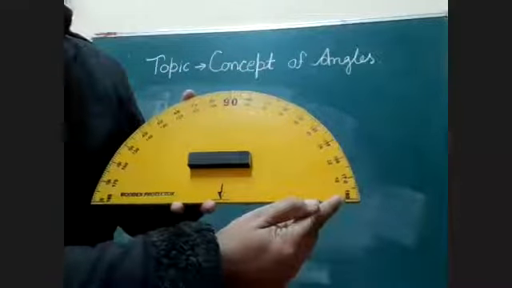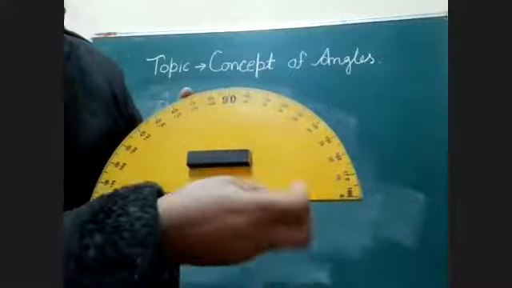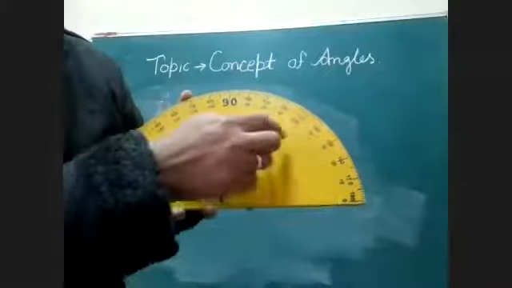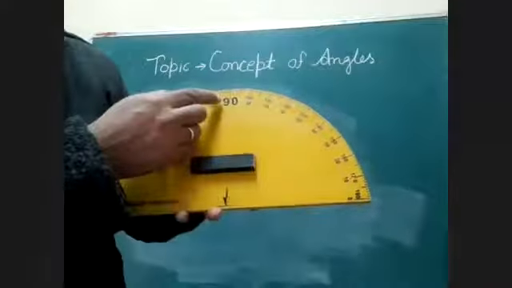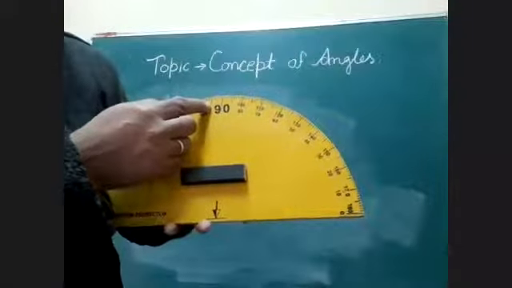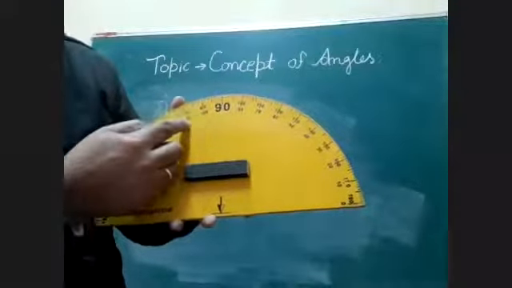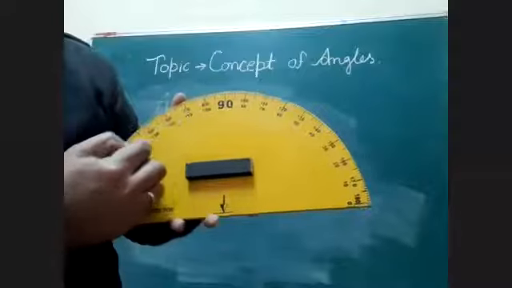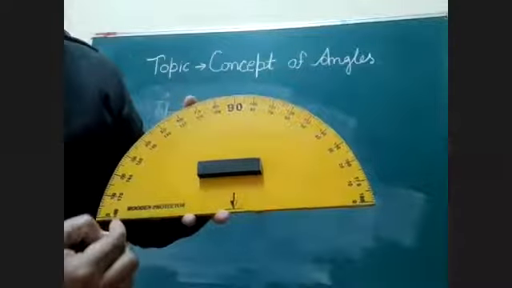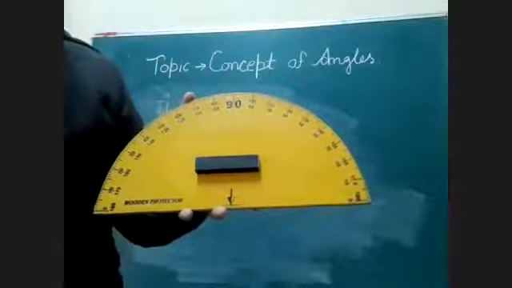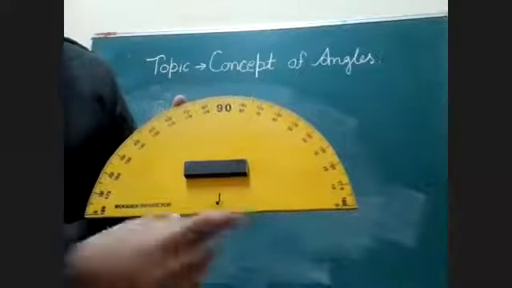Here we have 0, 10, 20, 30, 40, 50, 60, and at the center 90 degrees. Then 100, 110, 120, 130, 140, 150, up to 180. So this is the inner scale.